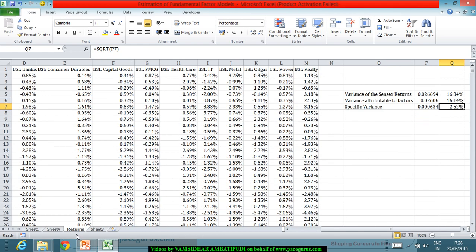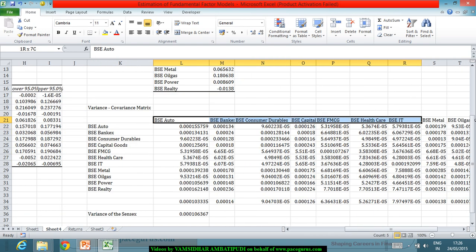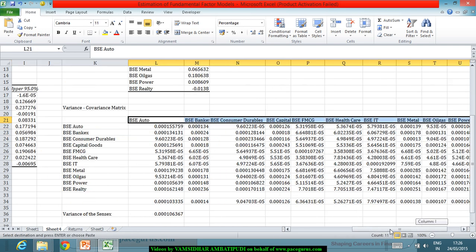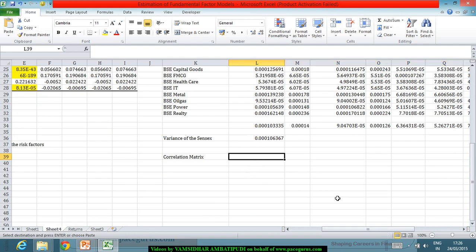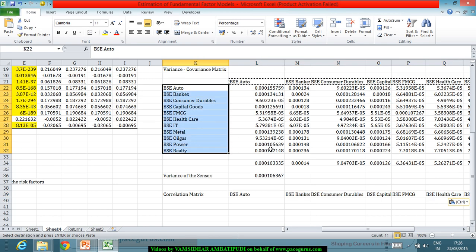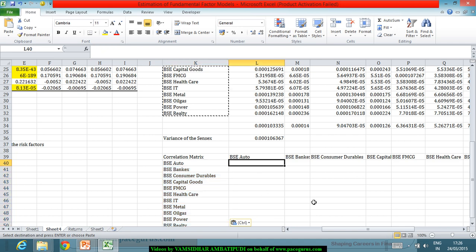So this is as good as saying, if I express it as a correlation matrix with the same kind of setup, instead of a covariance matrix, let's say I want to look at the correlation matrix pairwise.